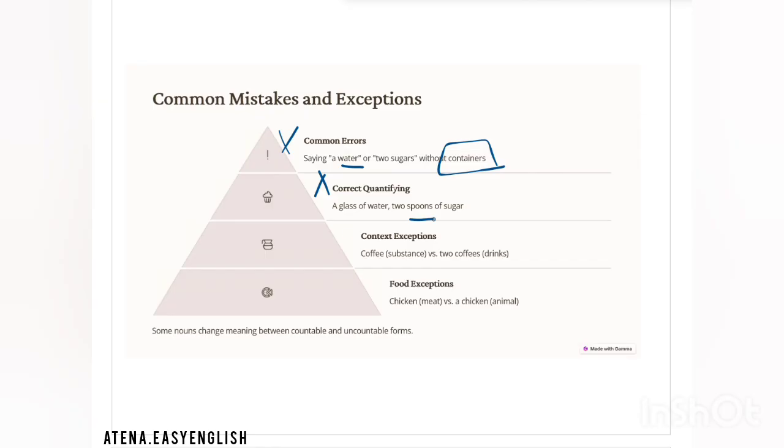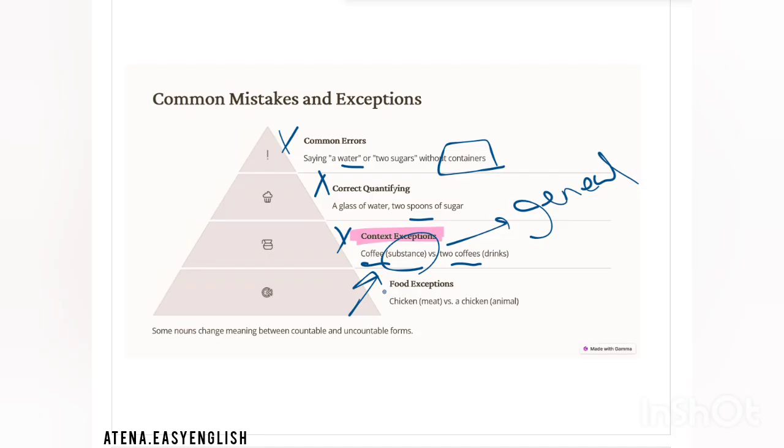And the next, context exceptions. Coffee as a substance, versus 2 coffees as a drink. Here it's a really nice point. Look at here, coffee, coffees. When you mean coffee as a substance in general, you don't add s. It's uncountable here.